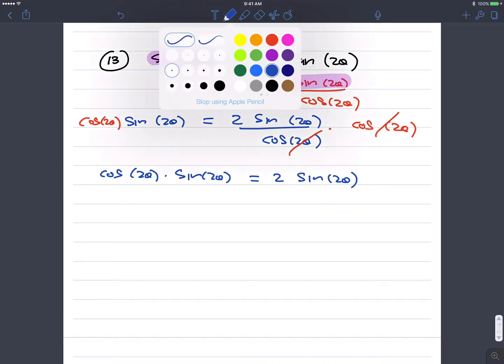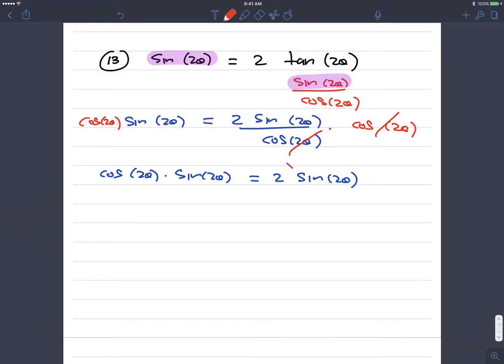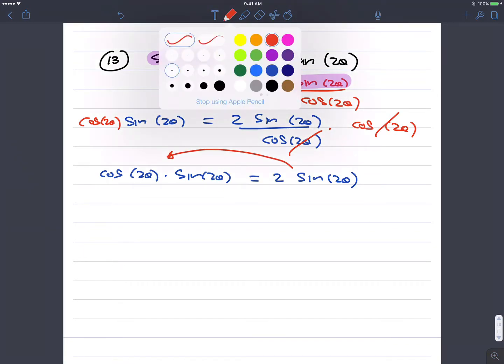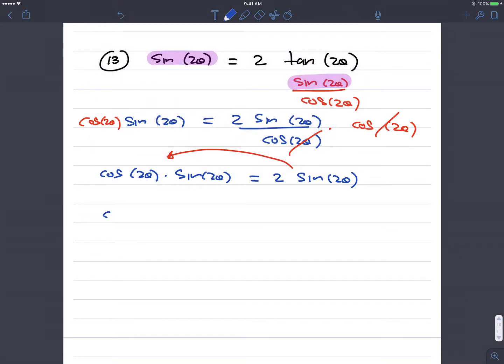So let's do some algebra. Let's bring this 2 sine 2 theta to the other side to make 0 on the right side. And I'm going to rearrange here my sine 2 theta. You'll see what I'm talking about. Sine 2 theta, now cosine 2 theta, minus 2 sine 2 theta, and that equals 0.